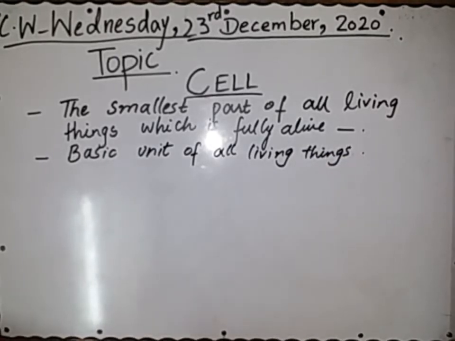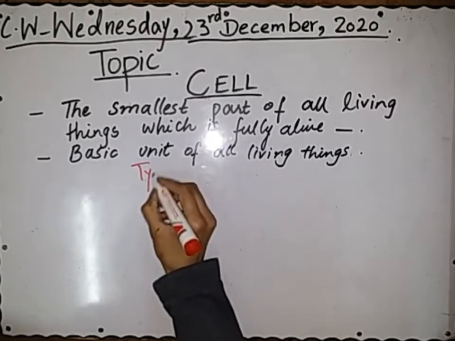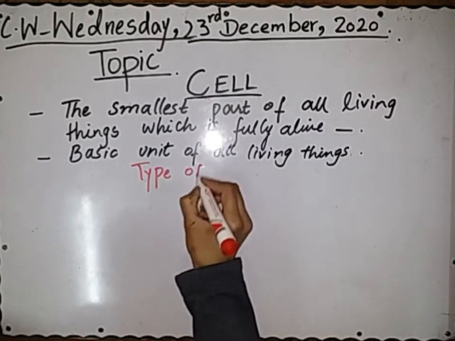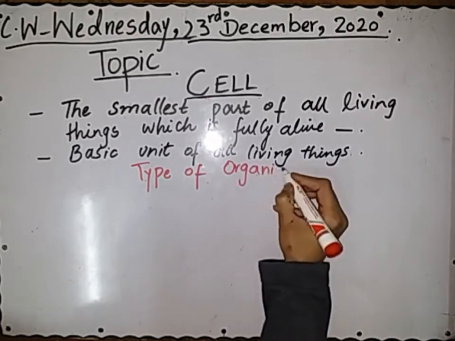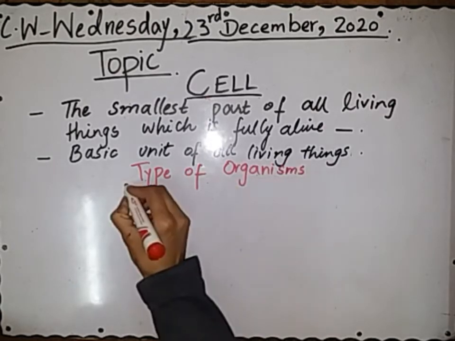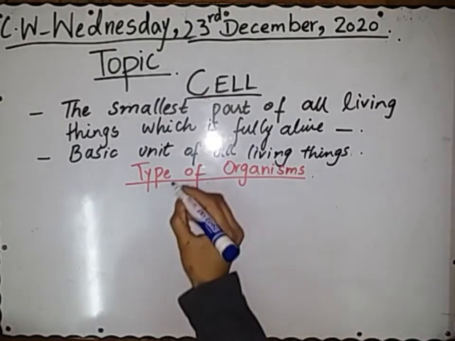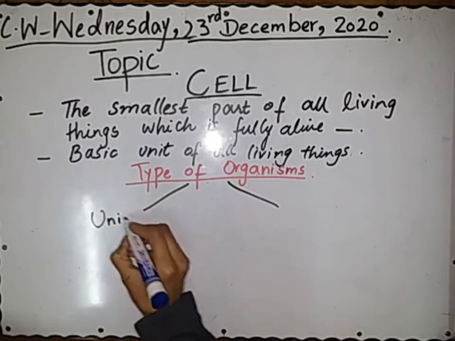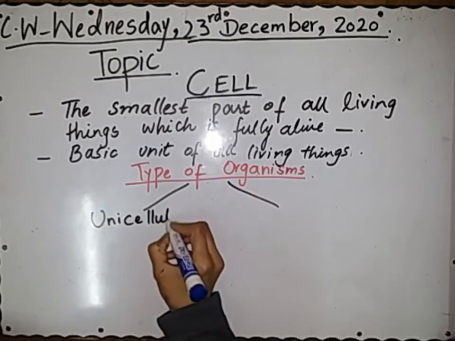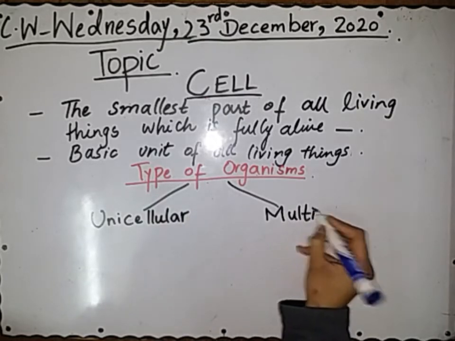Now let us discuss the types of organisms depending on the cell. We have a subheading, that is types of organisms depending on the cell. Students, we have two types of organisms, that is unicellular organism and multicellular organism.